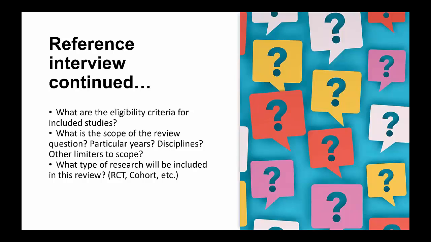What kind of study, that kind of thing, to get them talking some more. If it's a really broad question, I might start wondering about, okay, what kind of limiters might you be putting on this? And of course, the big one: do you have any great examples of things you've already found? I should have added that on here, but that's another good question to ask, because if they already have something, that's of course a great helper.